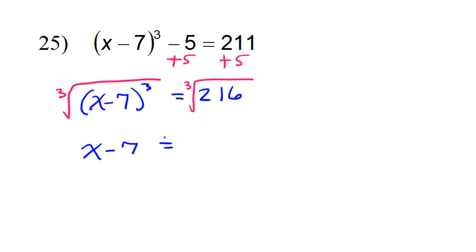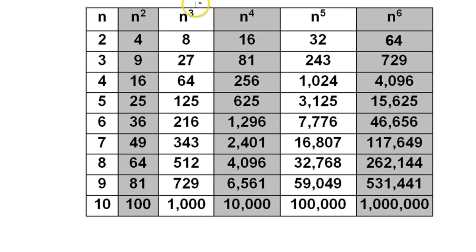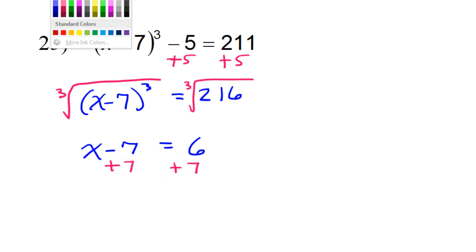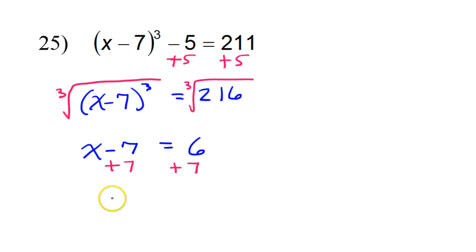Now the cube root of 216 is 6. So now I've got 6. And of course now I'm just going to add 7 to both sides. So that gives us x equals 13.